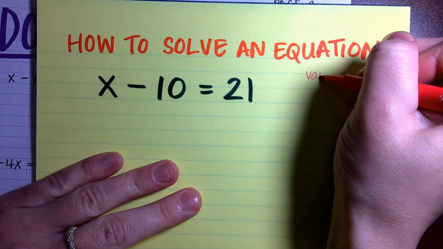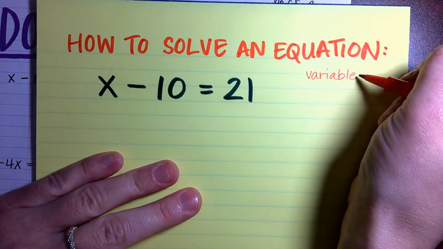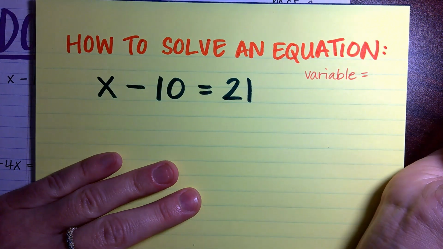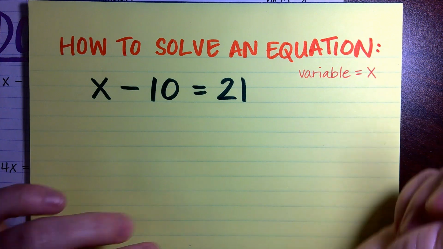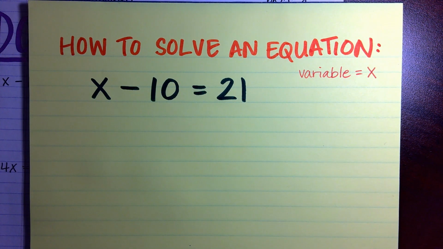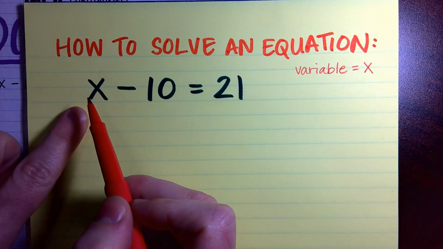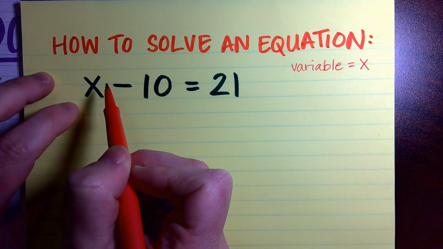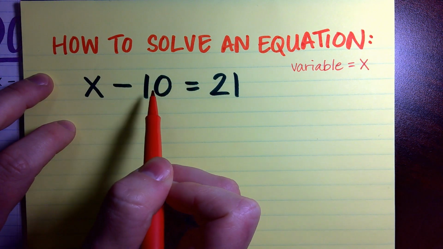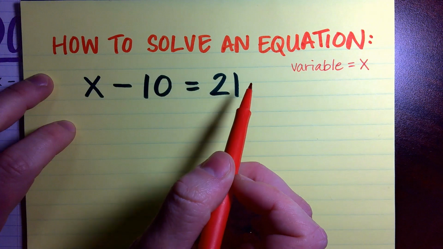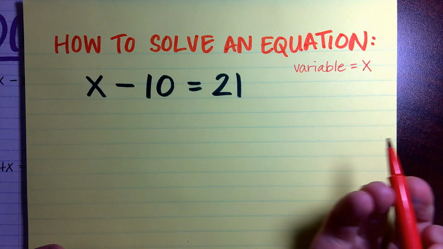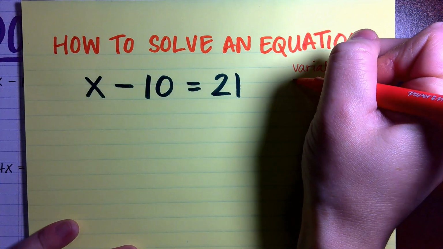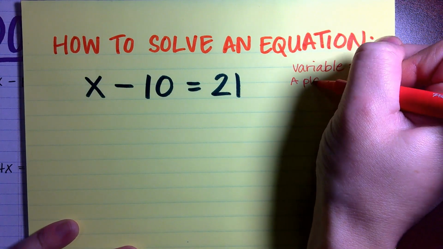So variable, it could be any letter, but usually it's going to be x. And who can explain what that means? Yeah, it's just representing a number. It's like a placeholder. Basically, what this means is what number minus 10 is the same as 21. So what number can I put here to make this true? So x is just a placeholder for a number we don't know.